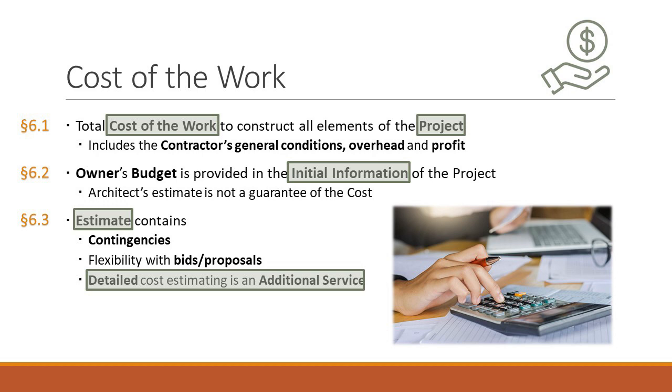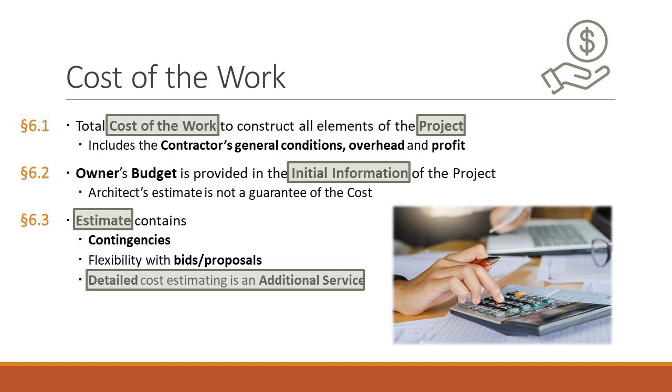Now, the one thing that's a little different in how the definition sometimes looks, because it says, and shall include the contractor's general conditions, cost, overhead, and profit. The way cost of the work is defined in detail in the owner-contractor agreement will not include overhead and profit, because that's normally a markup, a percentage that they add on top of things.